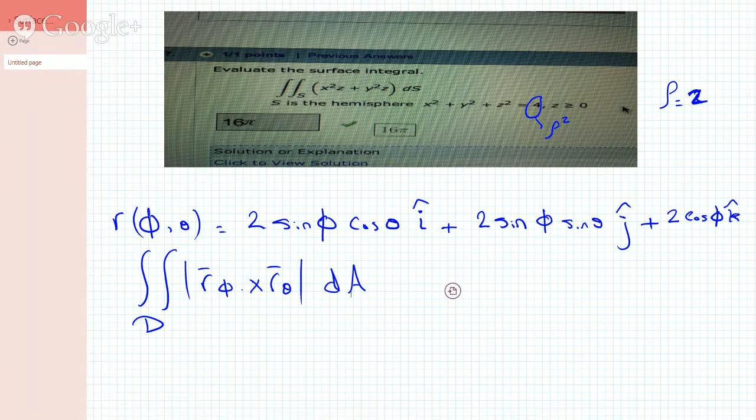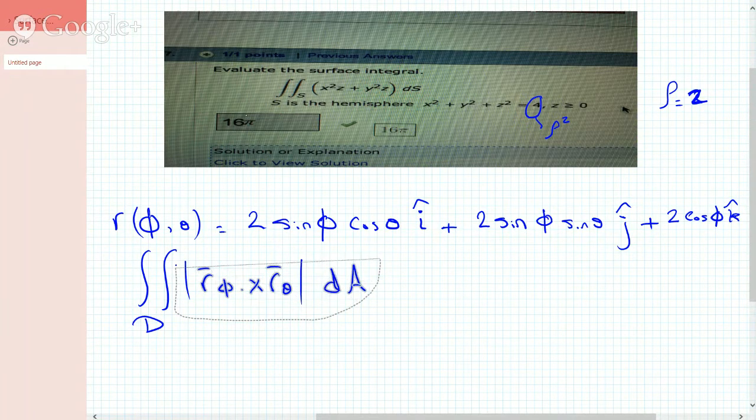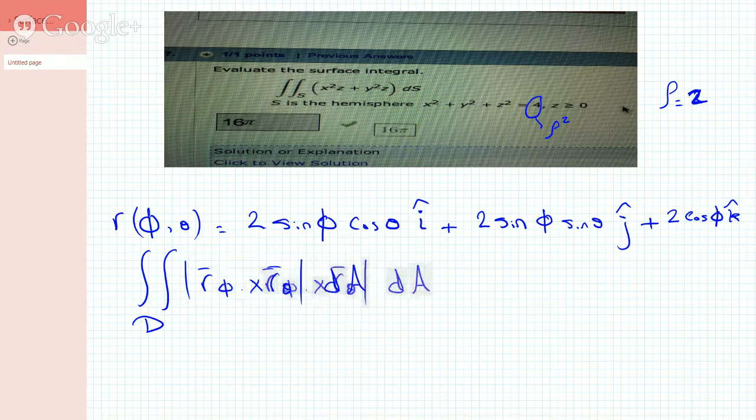One moment here. We are missing the f. Let me move this here.